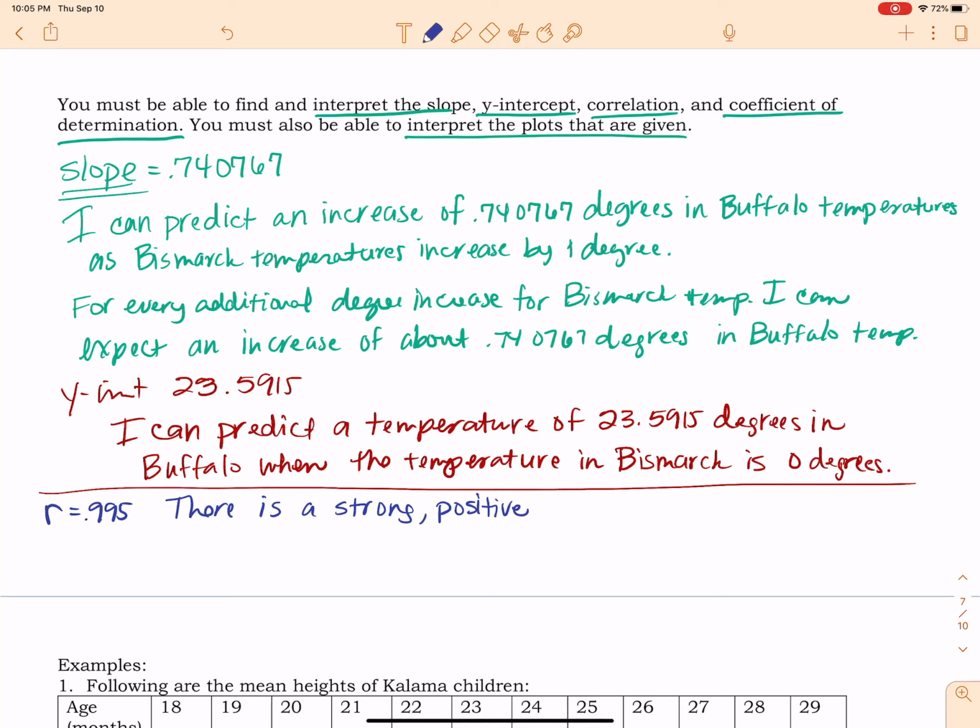There's a strong positive, and I've looked at my scatter plot, linear relationship. You can also use association right here. Between Bismarck, sorry kids, had a brain fart there for a minute.